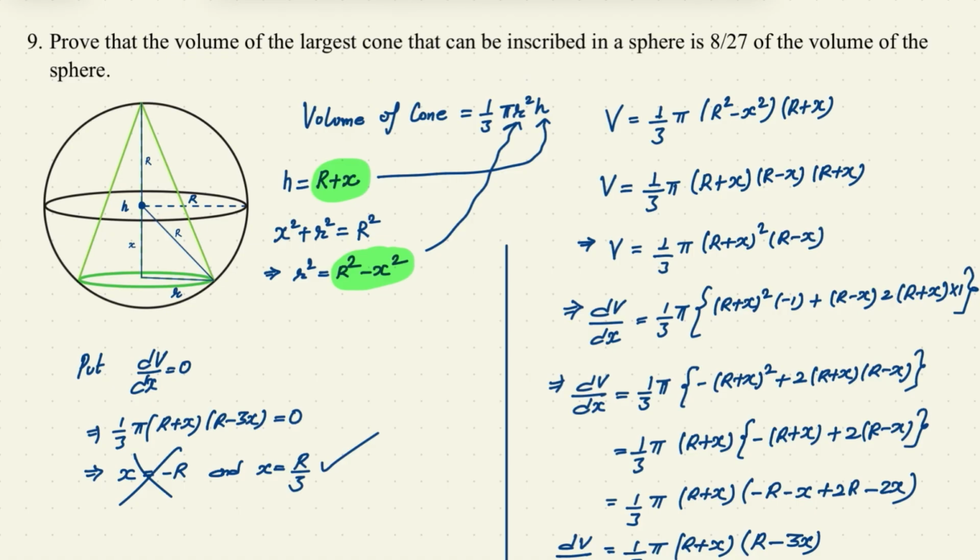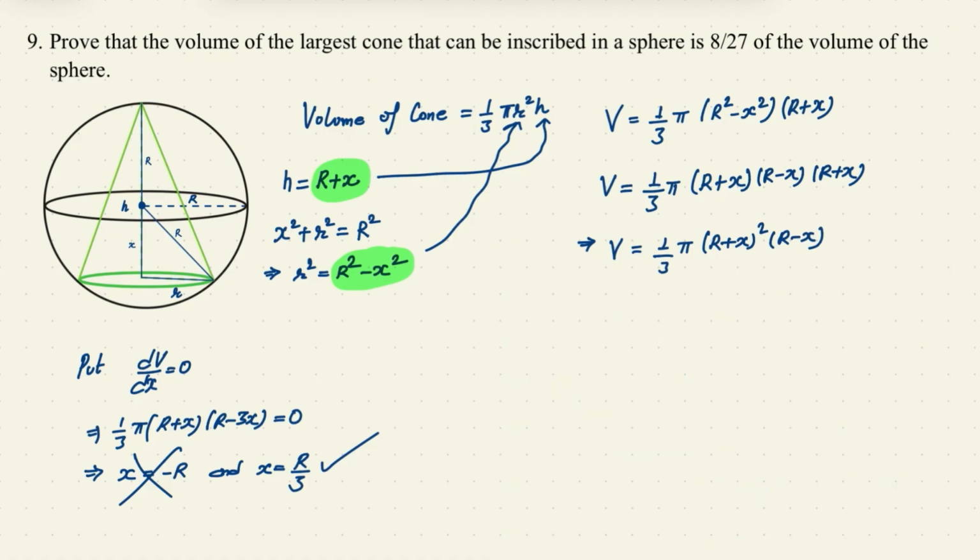So now I will try to find the maximum volume of the cone. Let us put the value x = r/3 here, because the volume of the cone is given in this equation in terms of x. Maximum volume of the cone will be (1/3)π(r + r/3)²(r − r/3).